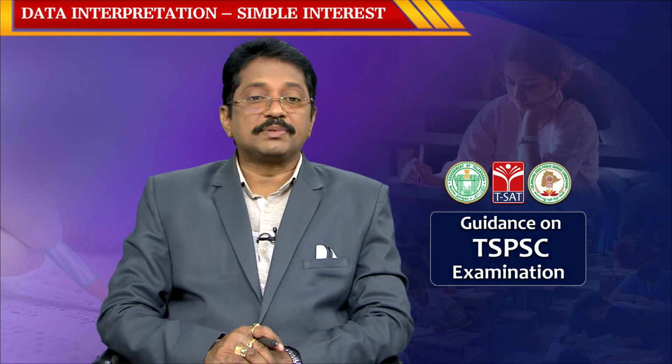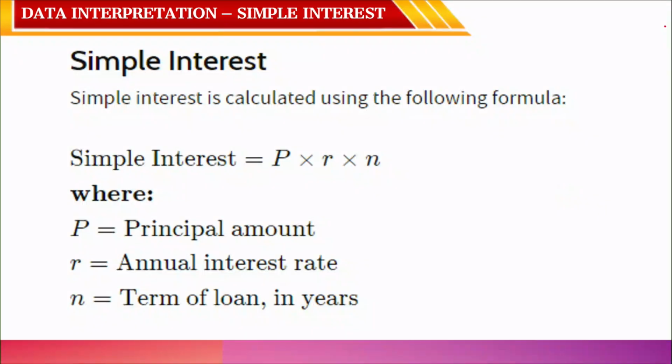The simple interest is calculated using the following formula: simple interest equals PTR by 100. Actually, the 100 is not typed here, that is the reason I added this PTR by 100. Sometimes we call it PNR by 100 also.